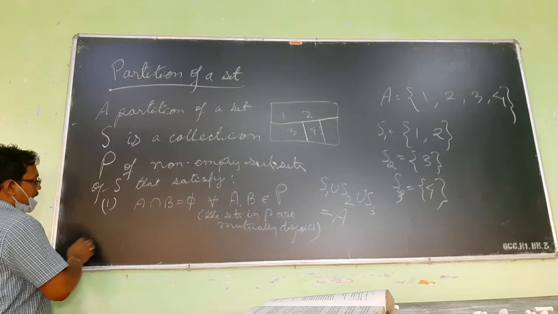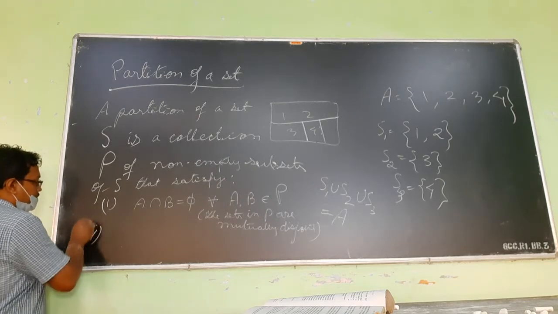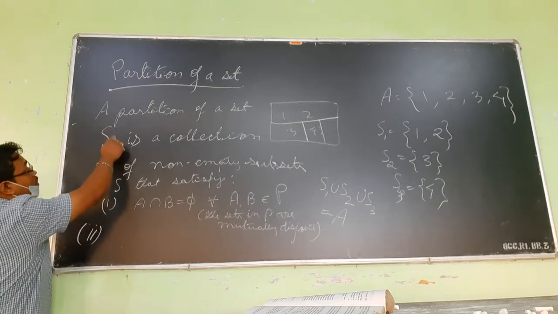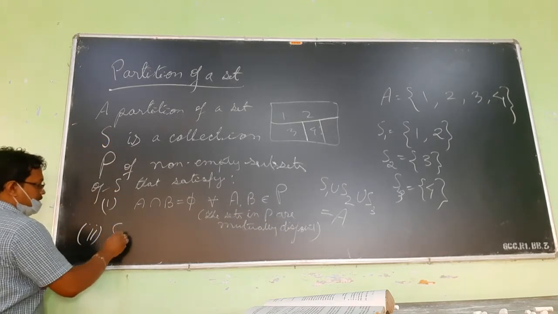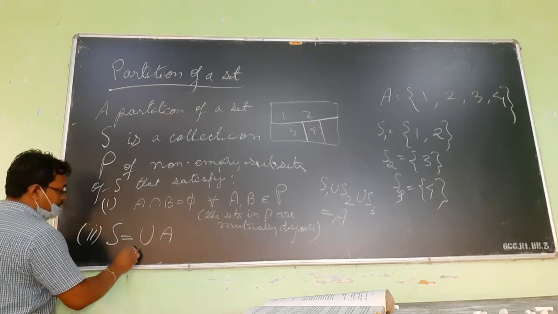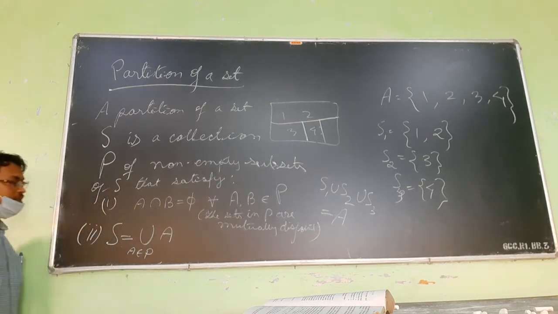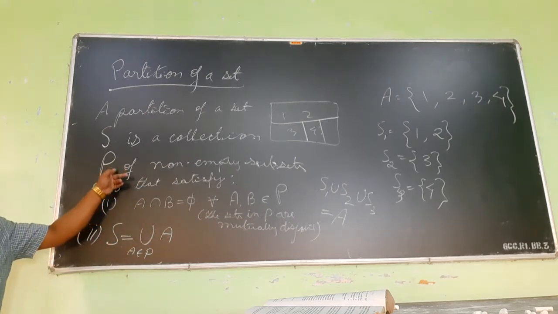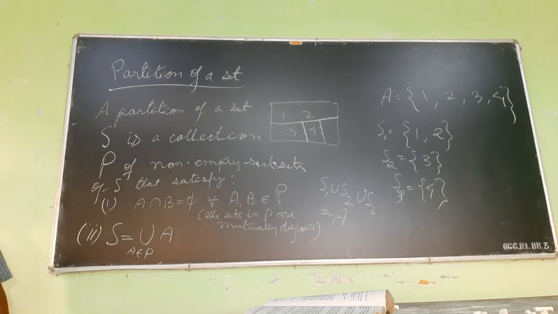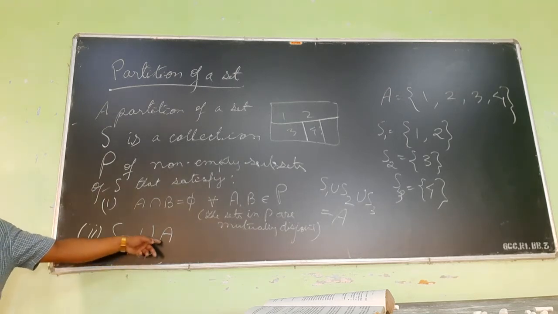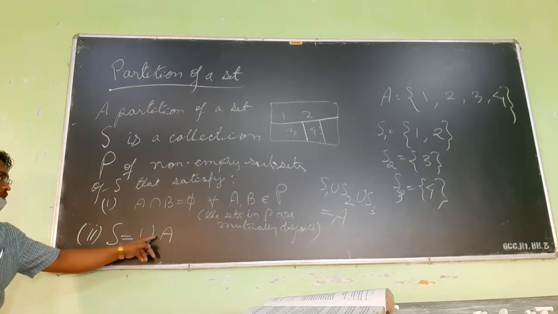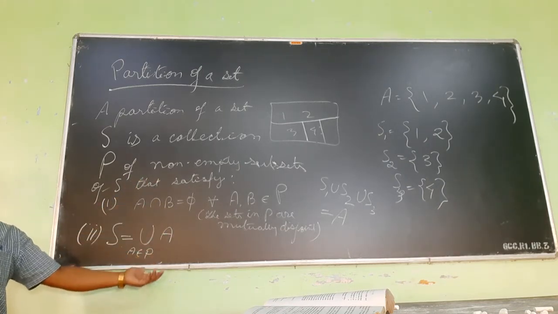And then number two is the union of all these sets is the whole set. So S is the union of A, where A belongs to P. This is another symbol. I do not know how many sets are there in P. It may contain infinitely many sets. So I cannot write something like A1 union A2 union A3. This symbol means whatever sets are there in P, you take the union of all those sets.